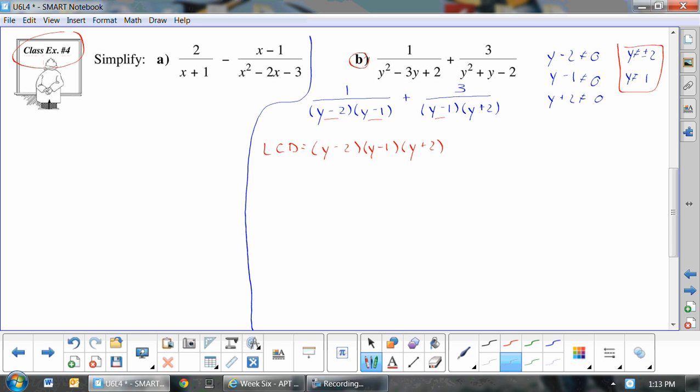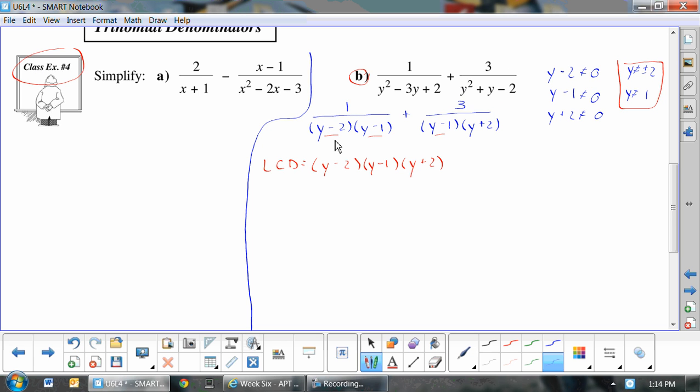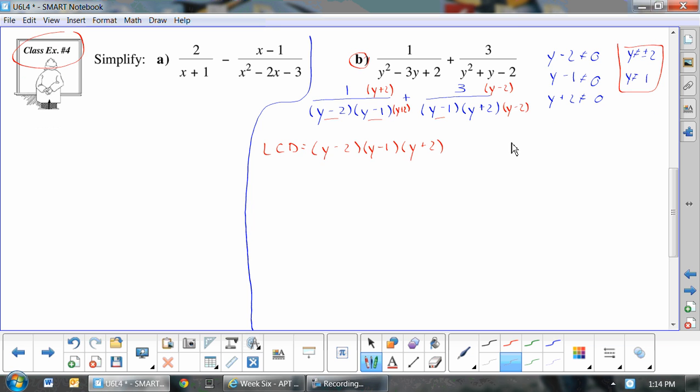For this one, we have the y minus 2 and the y minus 1, but we need to multiply it by the y plus 2. And for this side, we say, okay, well, we don't have the y minus 2, so we're going to do that right away. But we do have the y minus 1 and the y plus 2. So we can go 1 times y plus 2 plus 3 times y minus 2, all over our LCD.